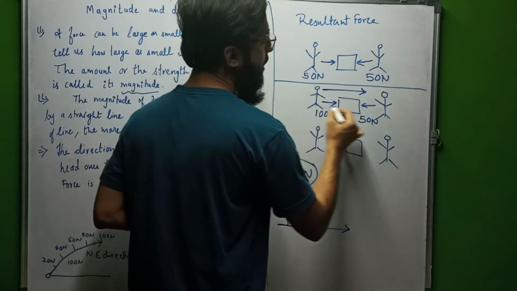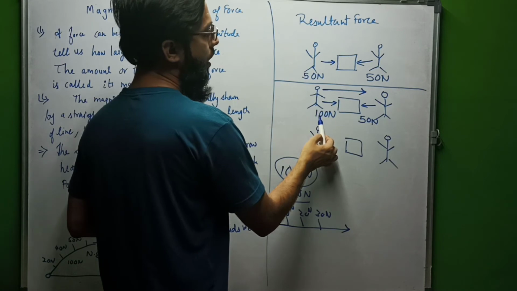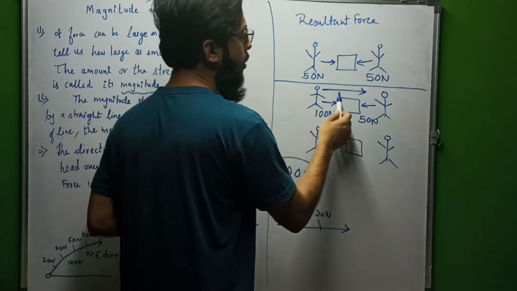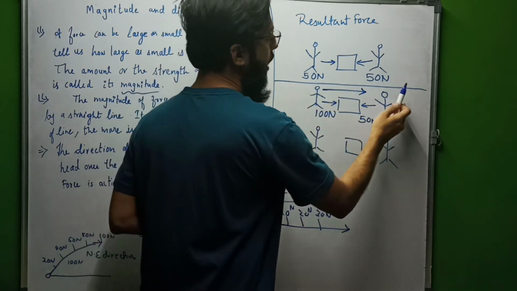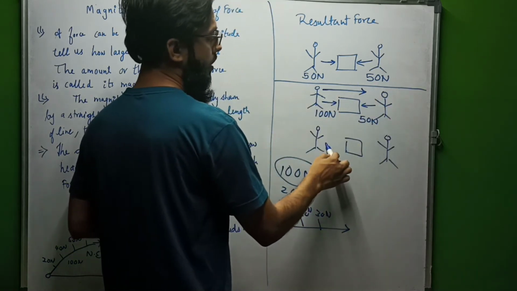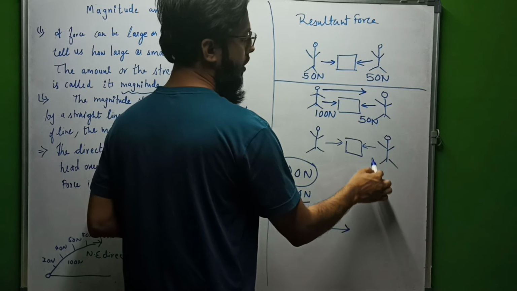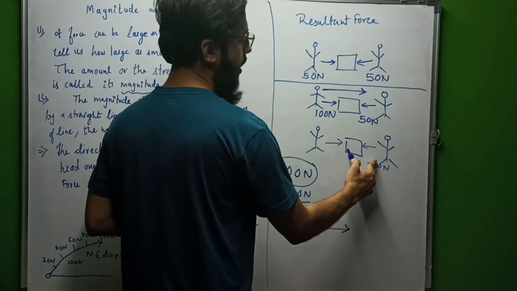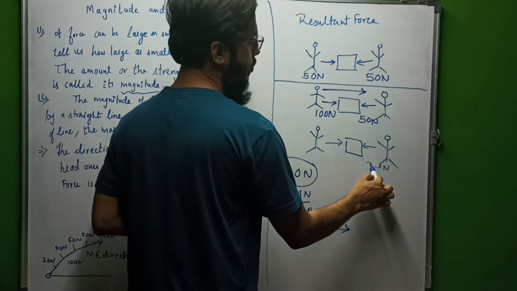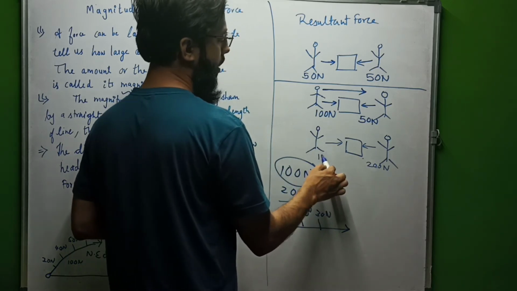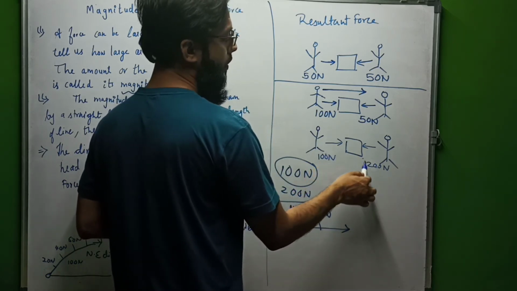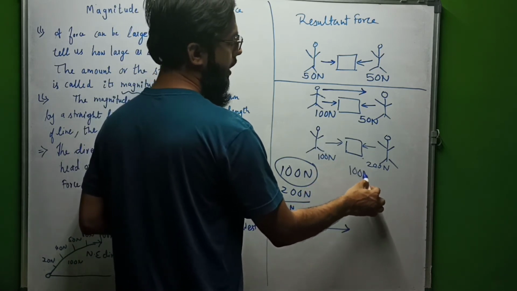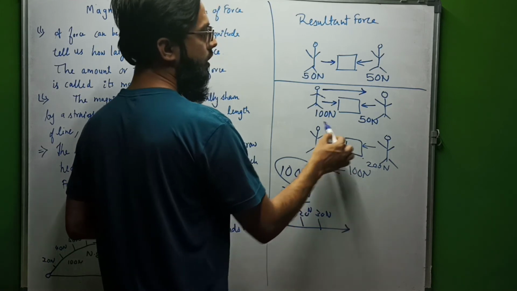So 50 Newton of force will act on this box and the box will move in this direction. In the same way, if this person is applying 200 Newton of force and this person is applying 100 Newton of force, the resultant will be 100 Newton. You just have to subtract, and the box will move in this direction.